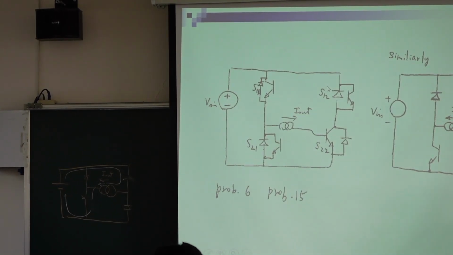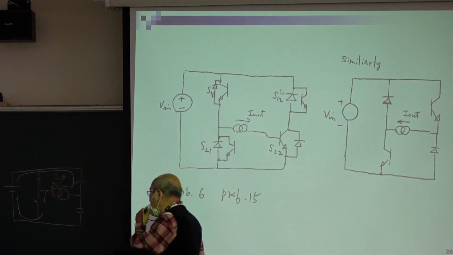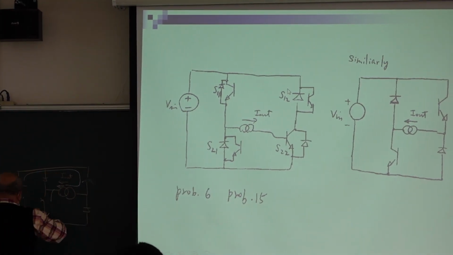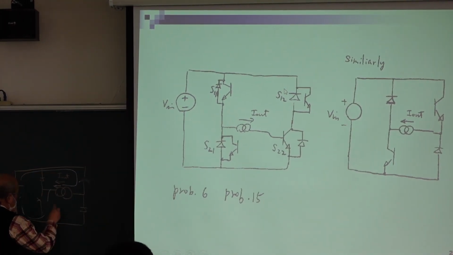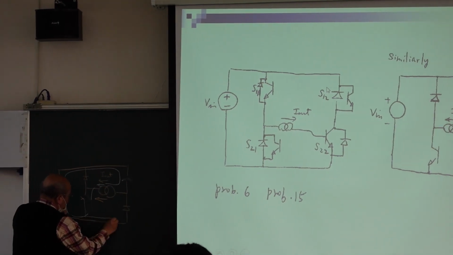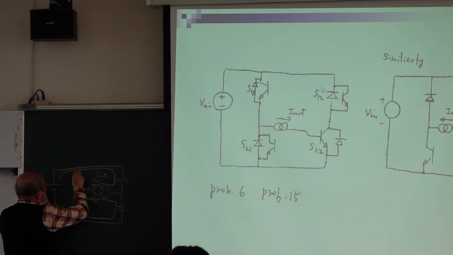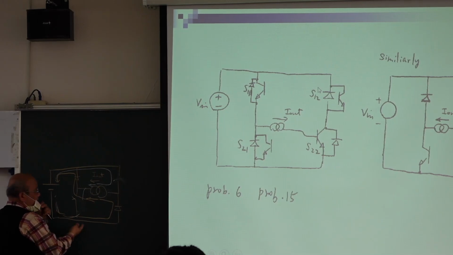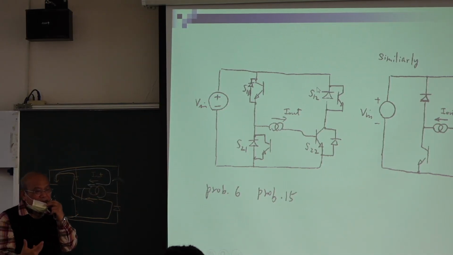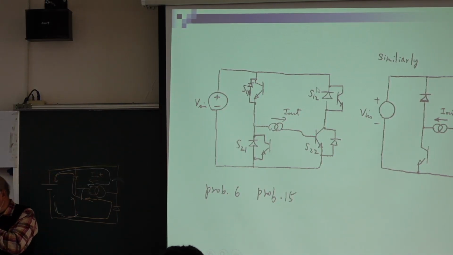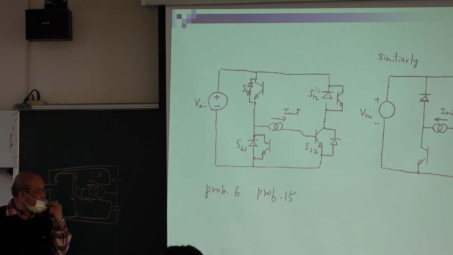So you still have output current going this way. Then how can you get the path? You go this way, and then you have this loop, right? So we can have this circuit.